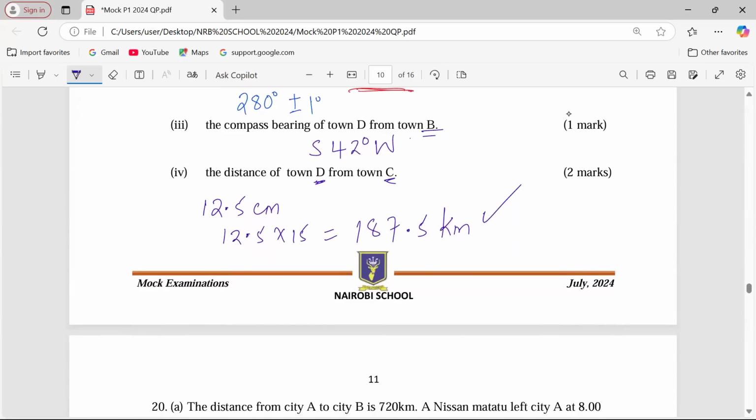A student with 12.4 centimeters who converts it well will get it right. A student with 12.6 centimeters who converts it well will also get their mark right. So that is it.